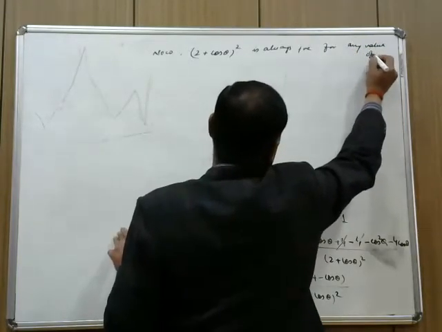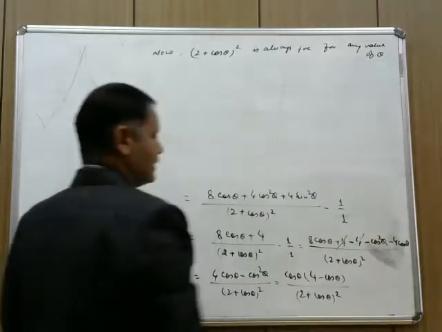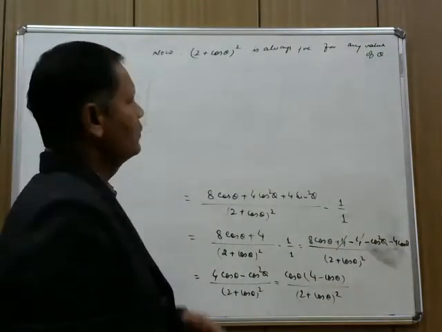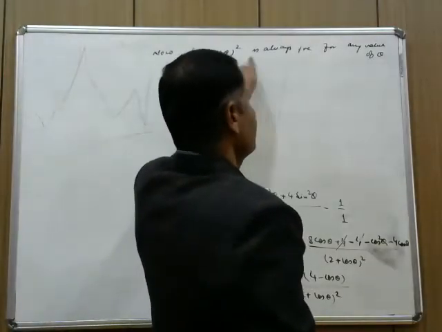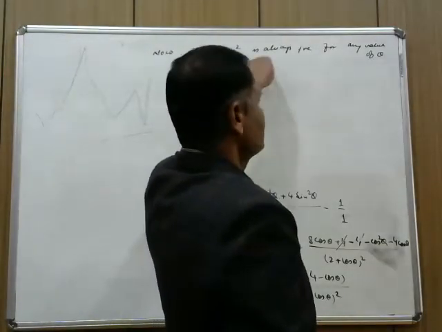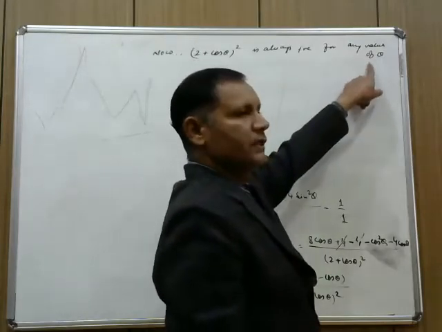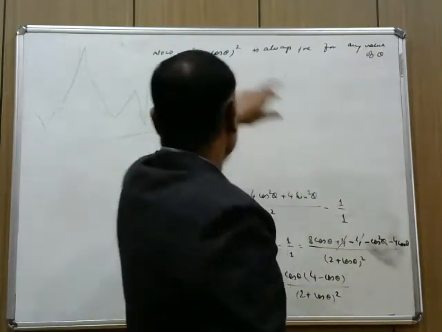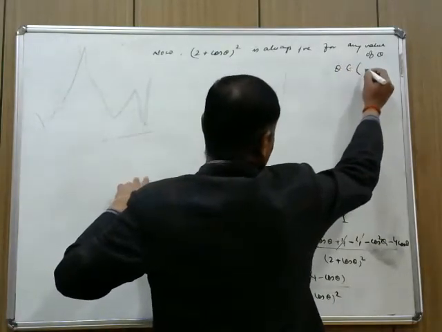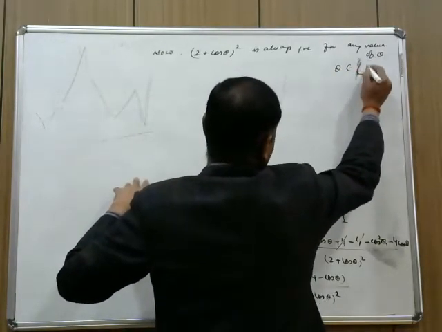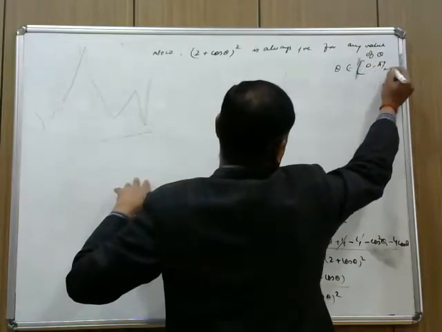Whether theta lies between 0 to pi by 2, in the first quadrant, we can also write that 2 plus cos theta whole square is always greater than or equal to 0, always positive for any value of theta, or always positive for theta belonging to 0 to pi by 2 in the first quadrant.